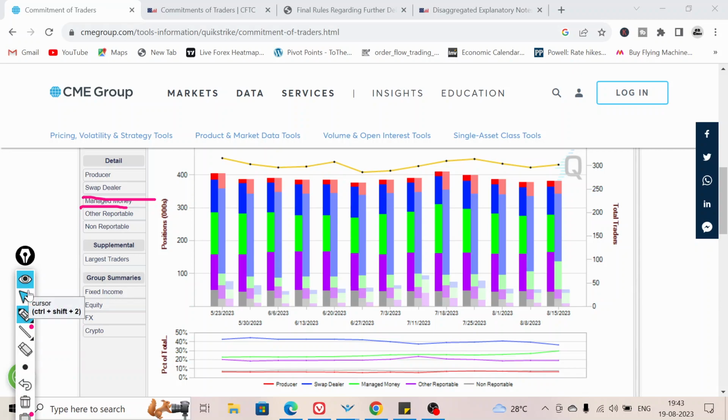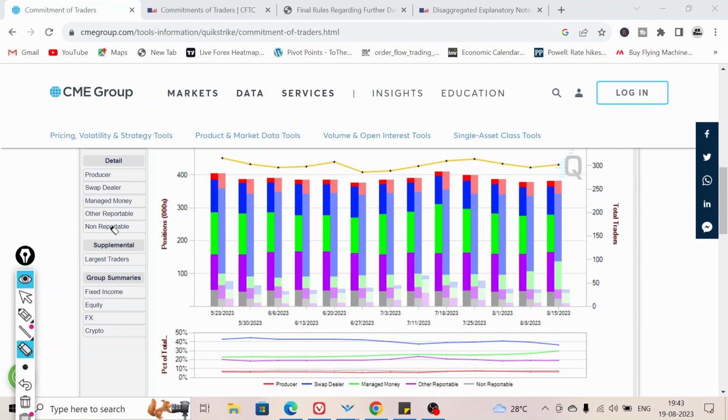Those are our main focus. We can check their position because they are the smart ones. Being banks, they have a big team, big brains, and they can analyze the data. So if we check their position, we can get an overview.